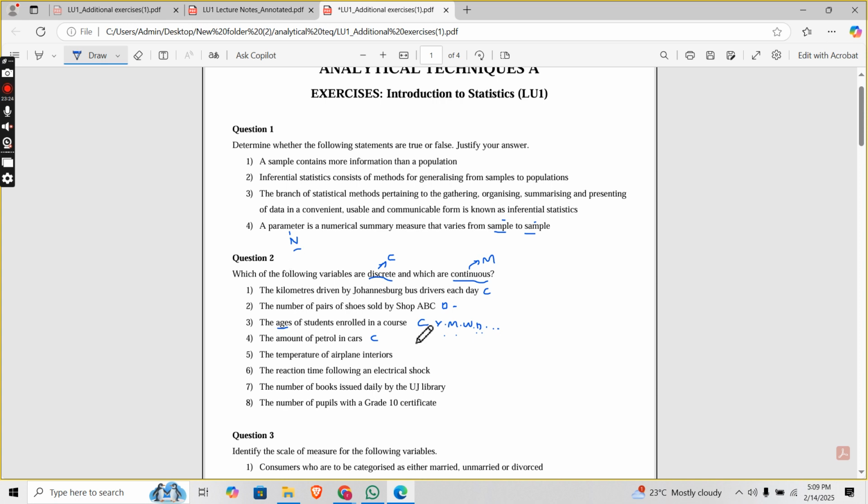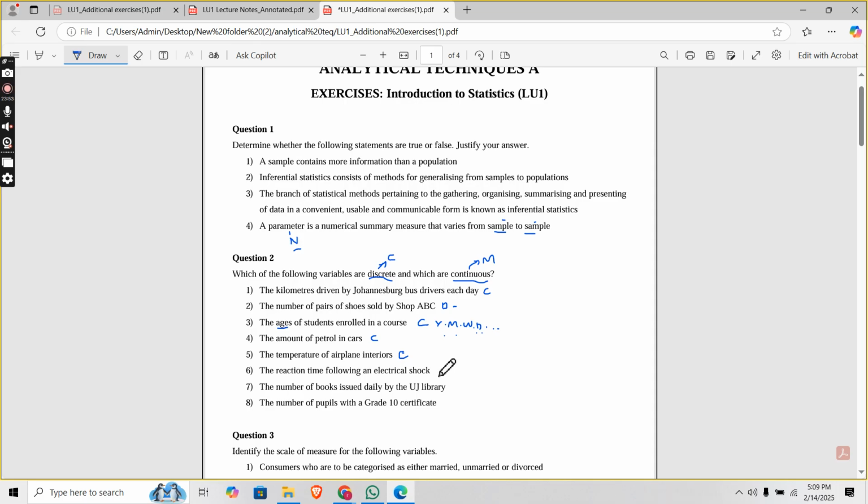So the answer is continuous, and the reason is what he said. It's continuous because we actually measure the temperature, and also the figure of a temperature usually has commas. So that's 100% correct.